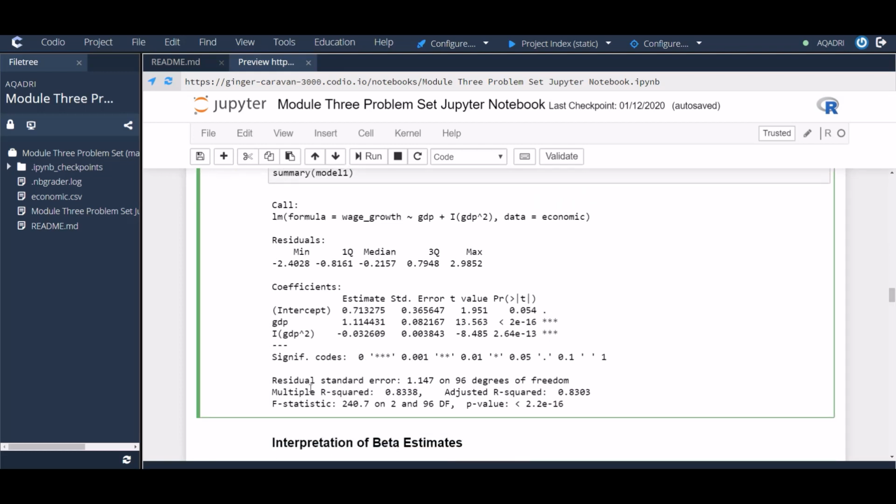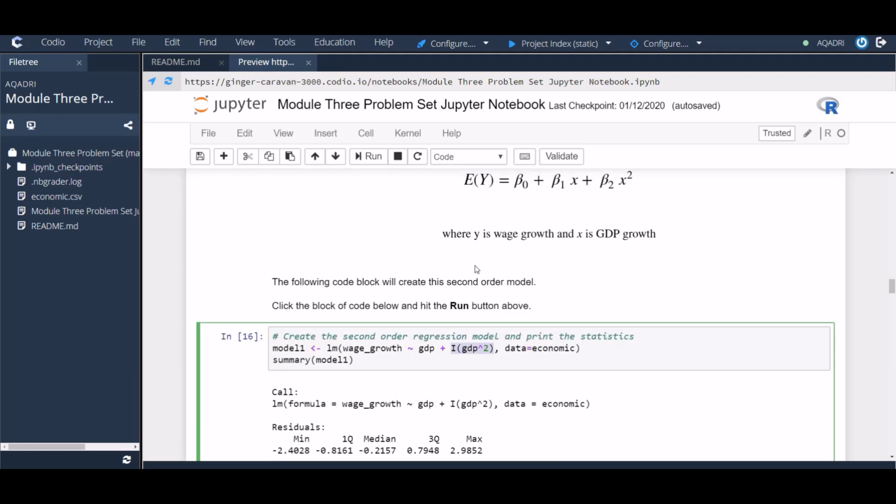Your multiple r squared is 0.8338. Well, that's pretty good. 83% of the variation in the response variable, wage growth, is explained by this model that uses GDP growth as a predictor involving two terms, a first order and second order term.